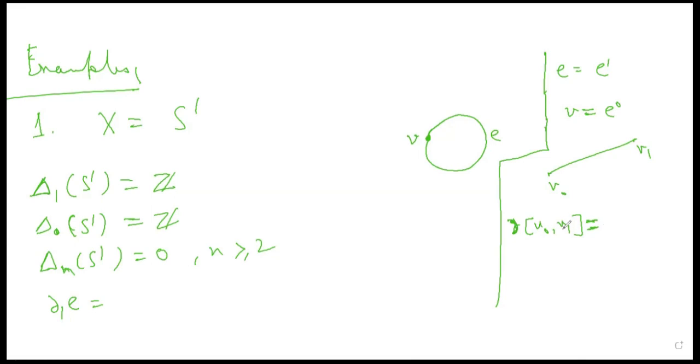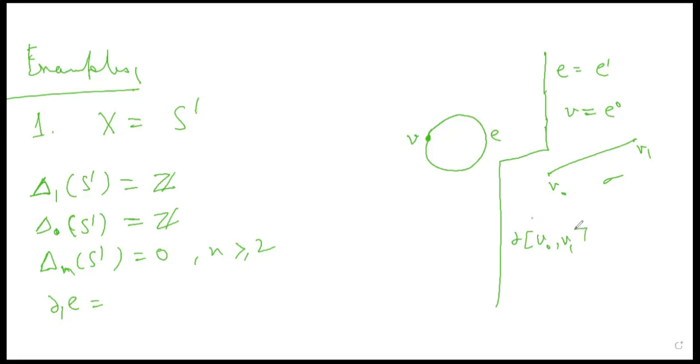If you recall the definition, you remove V0 with minus 1 to the power 0, and then you restrict sigma alpha over V1.